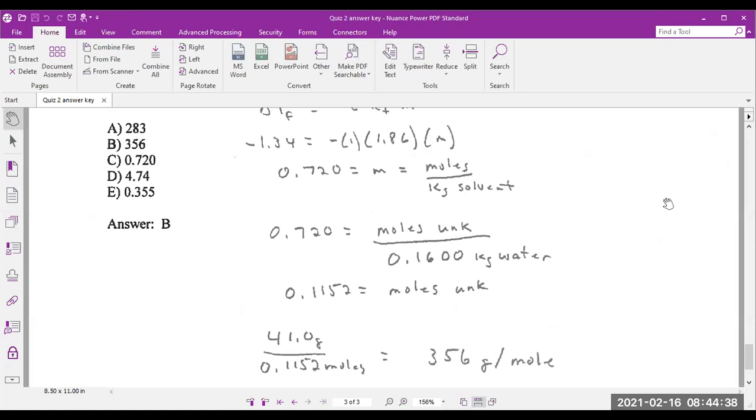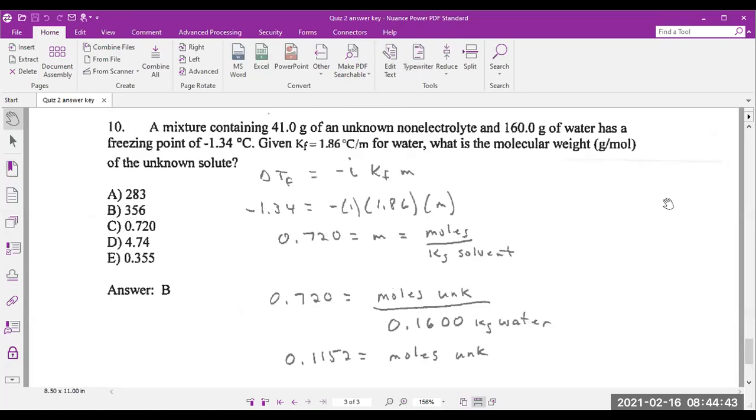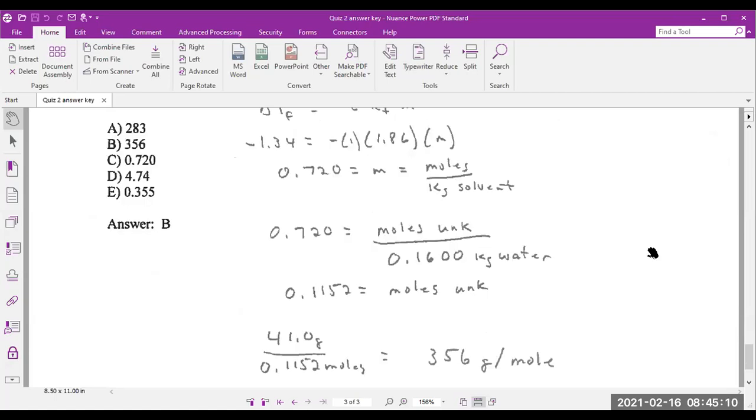So we can set up a relationship of moles of the unknown divided by 0.1600 kilograms of water. Because remember, in the problem we were told that we had 160 grams of water. So we can substitute in that water expressed not as grams, but kilograms, in our molal definition. And so now we can solve for moles of unknown.